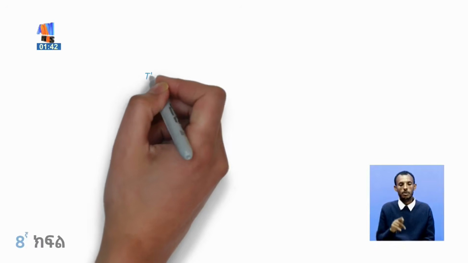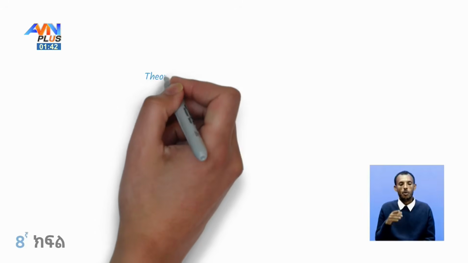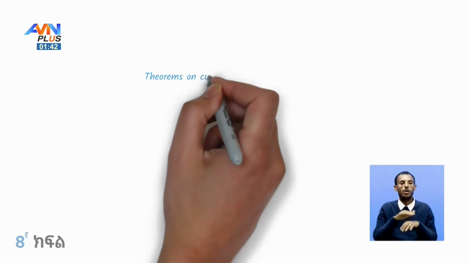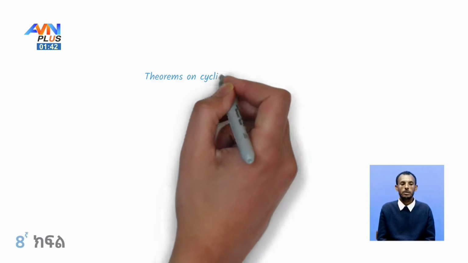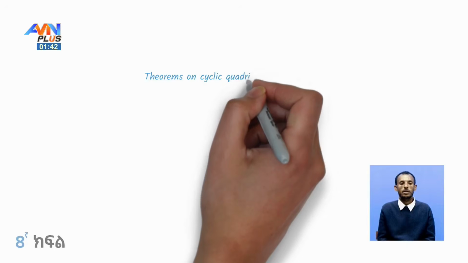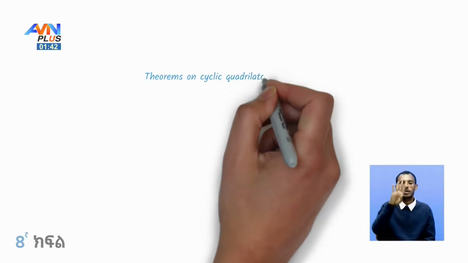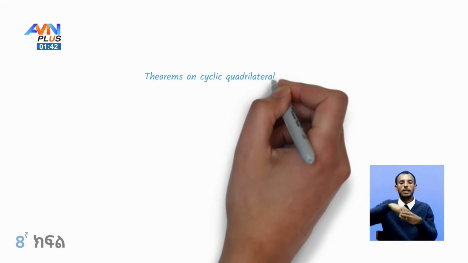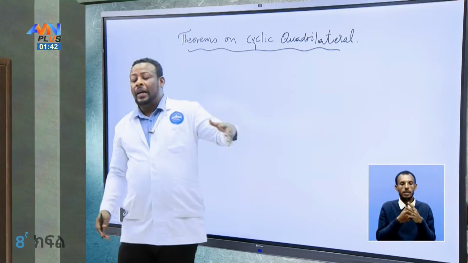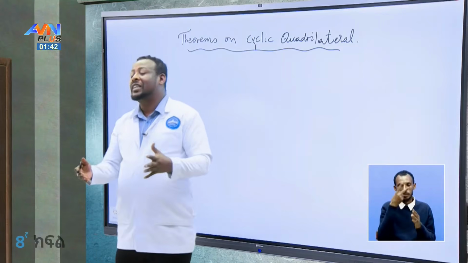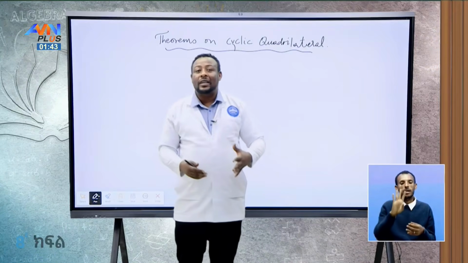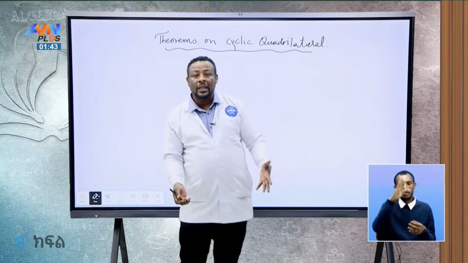Theorems on cyclic quadrilateral. Before I state the theorem, let me roughly tell you about cyclic quadrilateral. As you all know, a quadrilateral is a four-sided polygon.